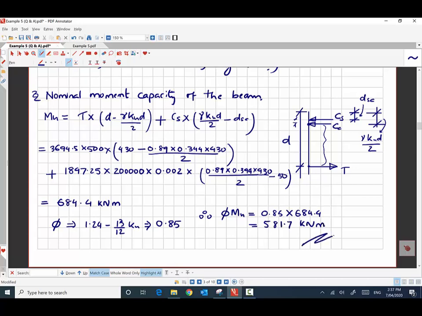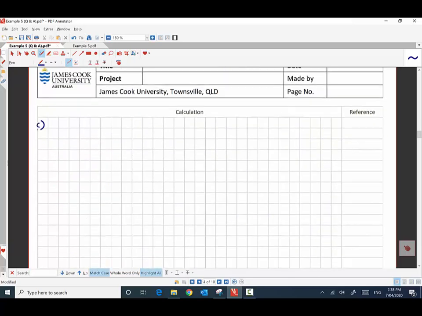So for the doubly reinforced section, your design capacity is 581.7 kilonewton meter.